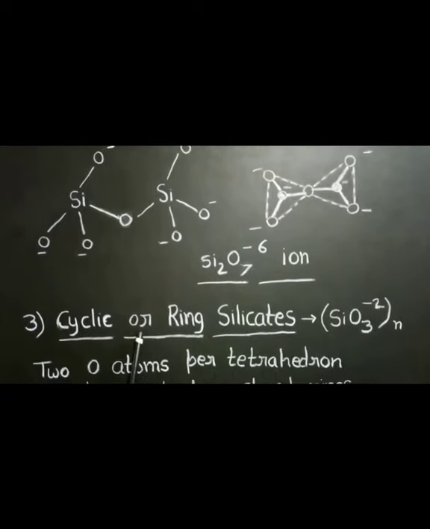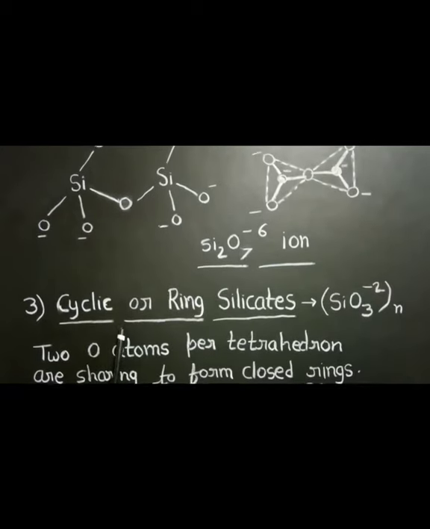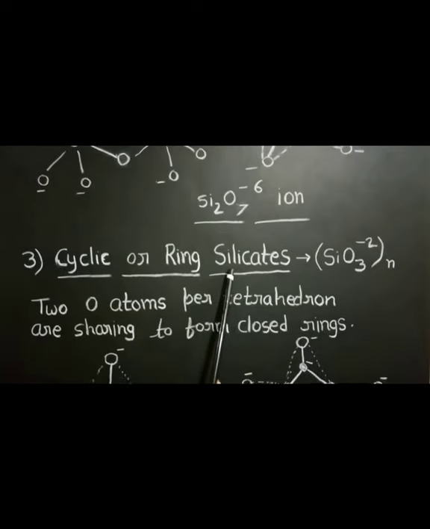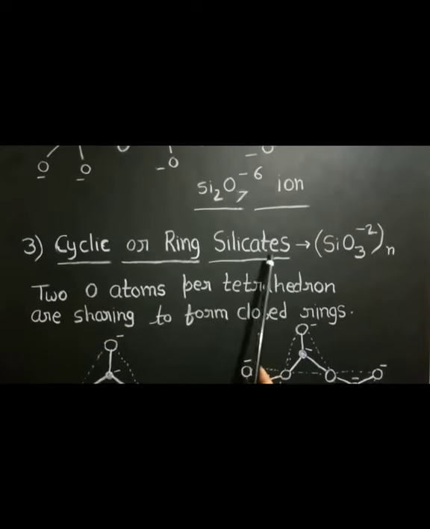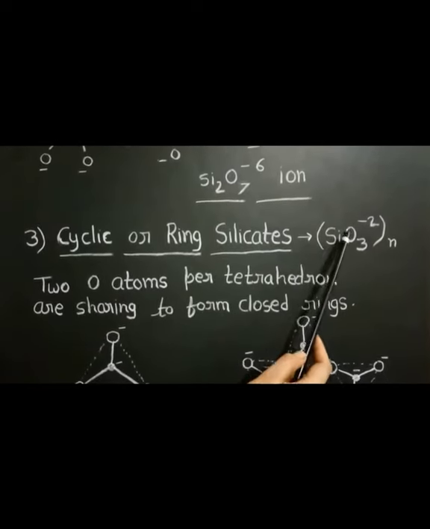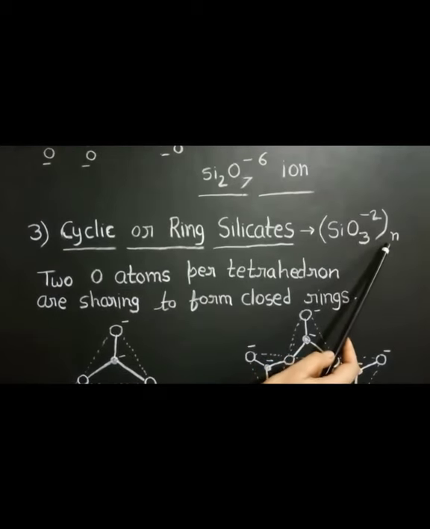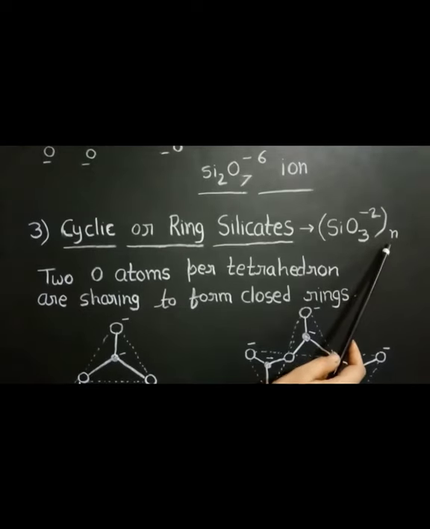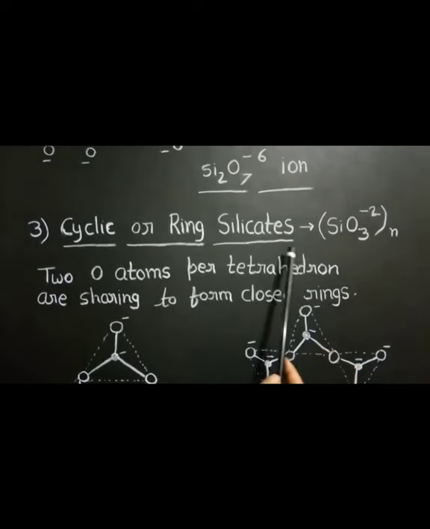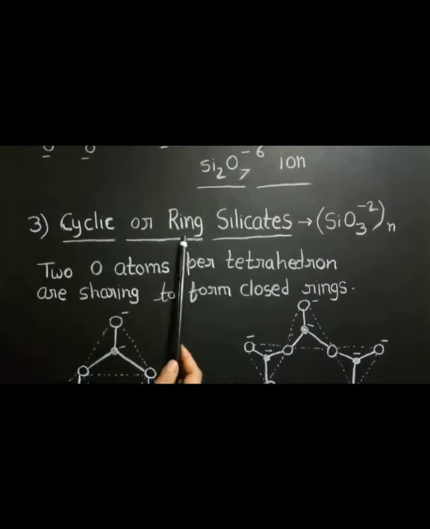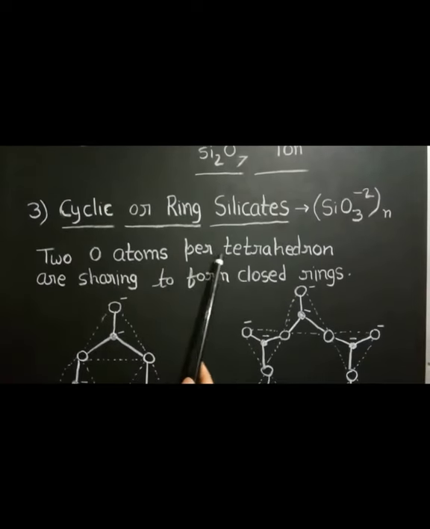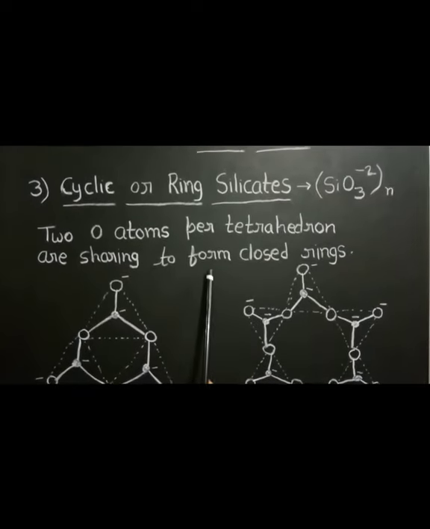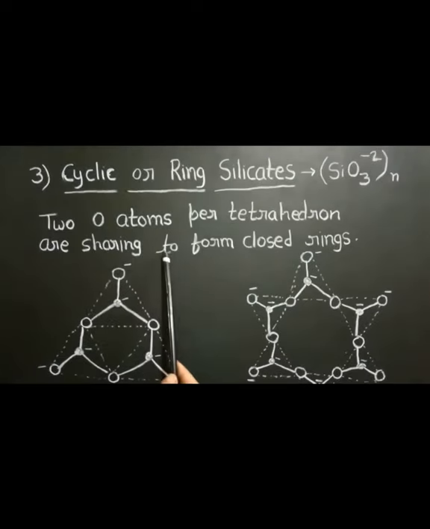Then the third type is cyclic silicates or ring silicates. Cyclic, so the ring will be closed. Cyclic silicates or ring silicates, its unit is SiO3 2 minus, n times. So (SiO3)n, that is 2n minus ions, which are formed by linking 3 or more tetrahedral SiO4 units.